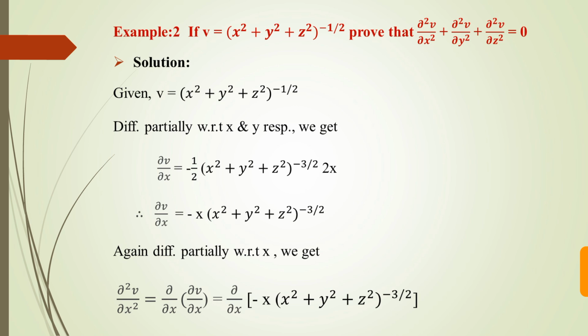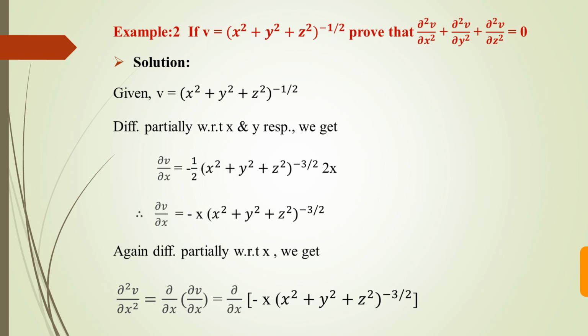Now in this example, the given function v is equal to (x² + y² + z²)^(-1/2), which contains three independent variables, that is x, y and z.